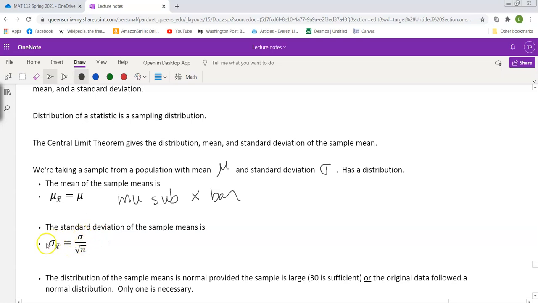So this is smaller than the original population by a factor of the square root of n. And this is read as sigma sub x bar. All right?